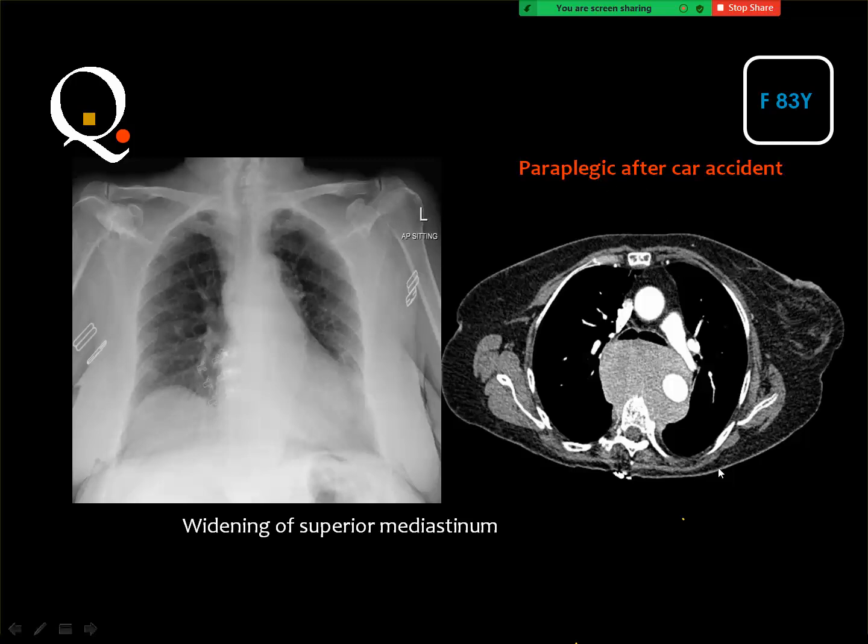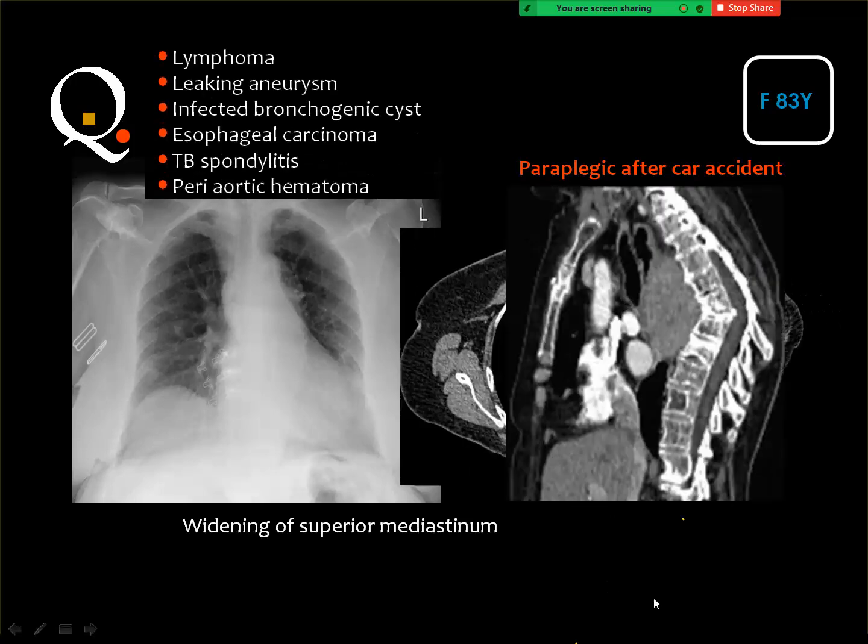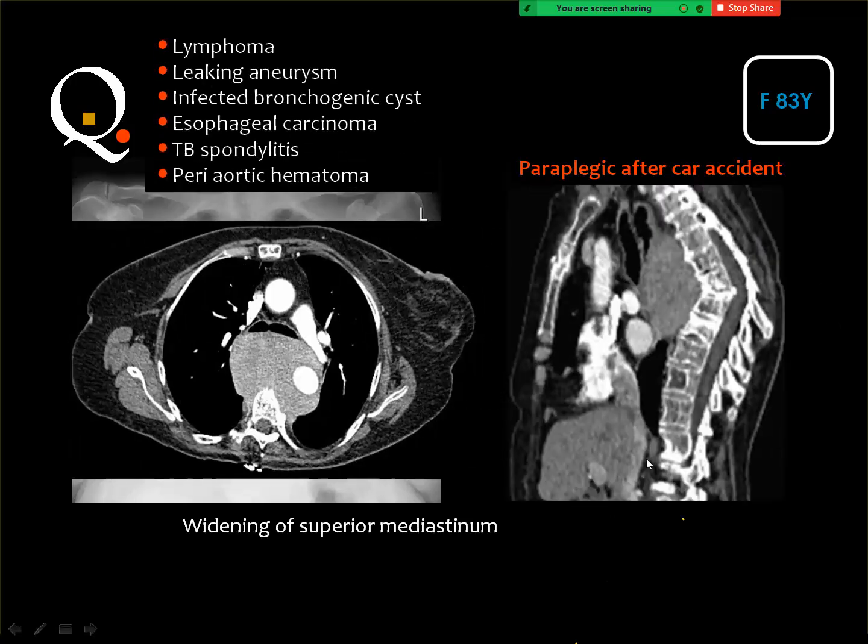If the aorta is ruptured, I think that the patient will die at the scene of the accident. But you see, this is the CT scan, and these are the possibilities: lymphoma, leaking aneurysm, infected bronchogenic cyst, esophageal cancer, TB, spondylitis, peri-aortic hematoma. And this is the right answer, where you got fracture of the spine and a big posterior mediastinal hemorrhage surrounding the aorta.